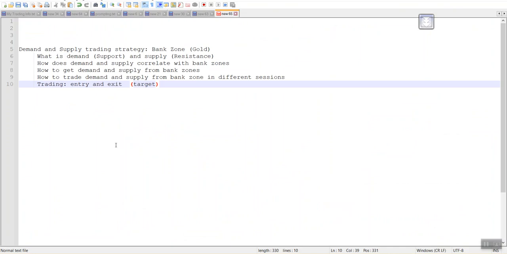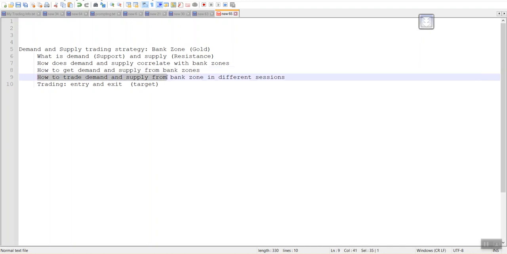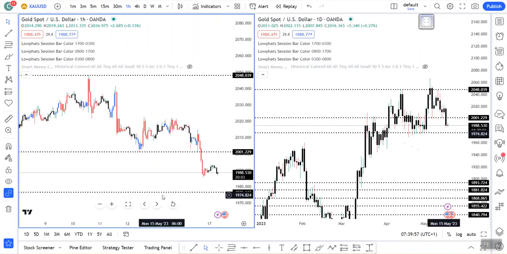How does demand and supply correlate with bank zones? How to get demand and supply from bank zones, how to trade demand and supply from bank zones in different sessions, then the actual trading, entries and exits. Those are the things we are going to look at.